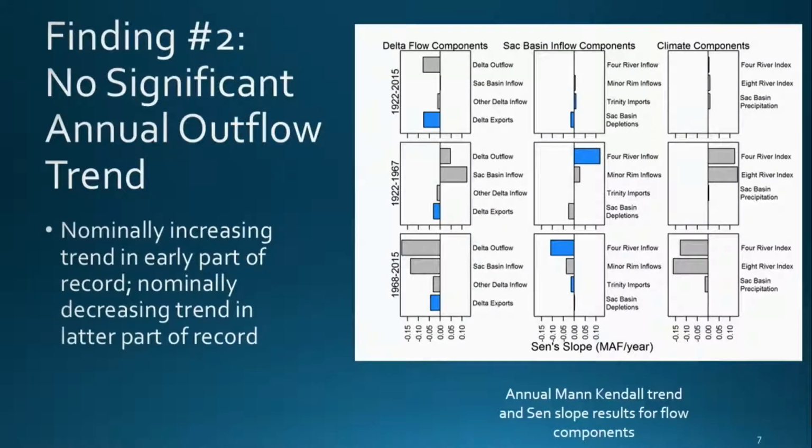So I think a lot of these statistical trends can get hidden in that high variability. But what you see here is over the full period of record, there is a nominal decreasing trend in outflow, which would make sense because we know that water development has taken place over the 9 decades. In the early part of the record, there was a nominal increase in the delta outflow, and then in the latter part of the record, a nominal decrease in the outflow.